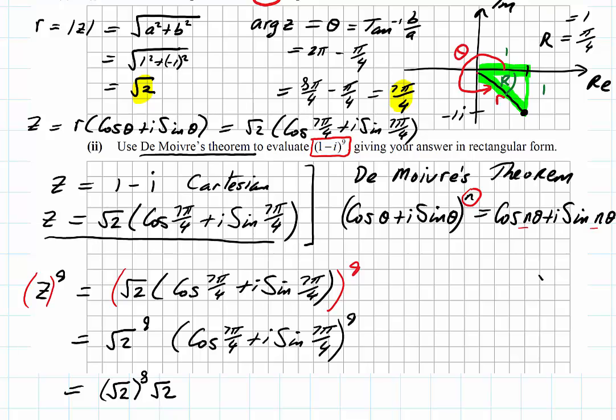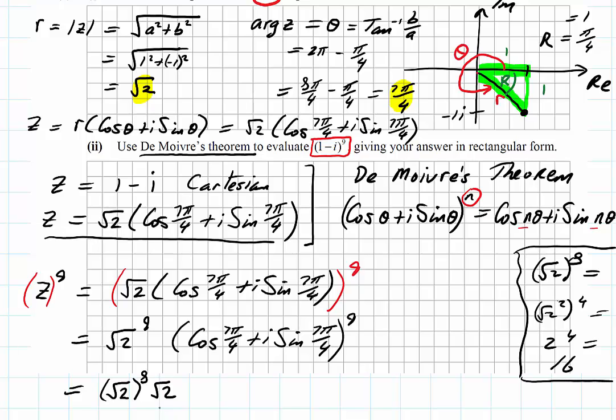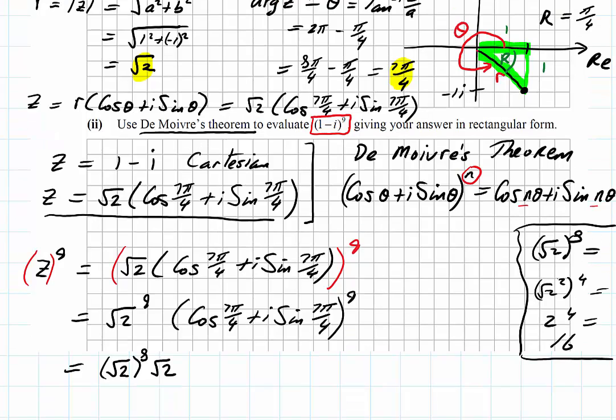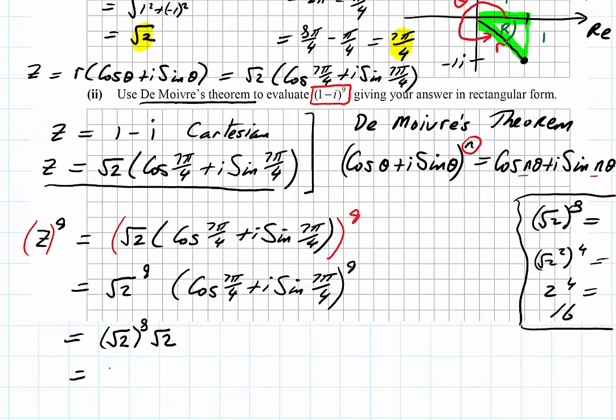And as rough work, root 2 to the power of 8 is equal to root 2 squared to the power of 4. Root 2 squared is 2, so it's 2 to the power of 4, which is 2 2s is 4, by 2 is 8, by 2 is 16. That's a neater way than using the calculator. So we have 16 root 2 altogether. That part is sorted out.